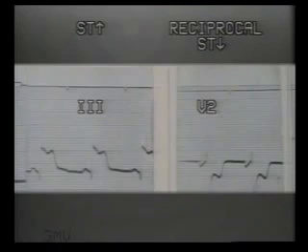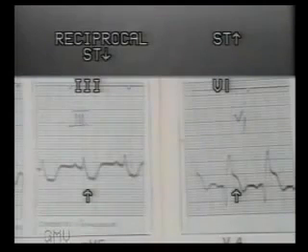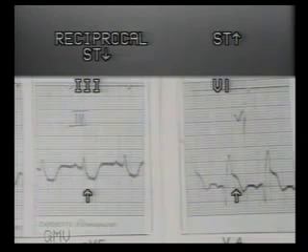Note the ST elevation in lead 3, which is an inferior wall lead, and reciprocal ST depression in chest lead, which is an anterior lead. While in this ECG, there is ST elevation in the chest lead and reciprocal ST depression in the inferior wall lead.